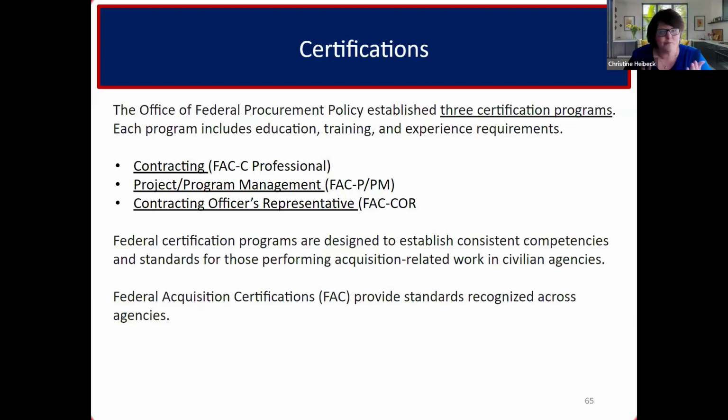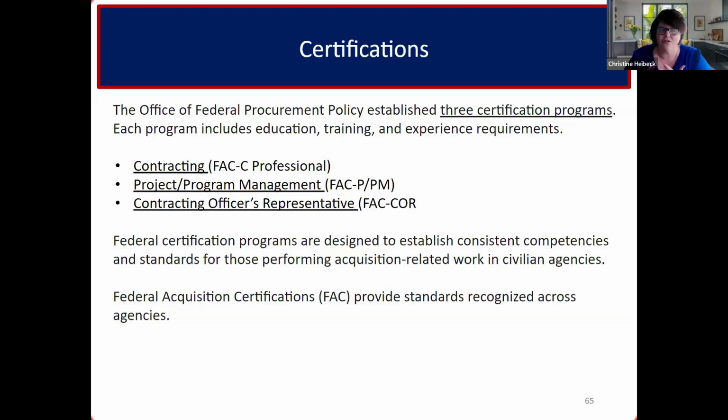The Office of Federal Procurement Policy established three certification programs. You may have heard these acronyms: FAC-C is for contracting, FAC-P/PM is for program and project management, and then there's a core contracting officer representative certification.